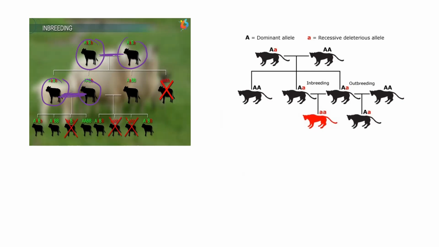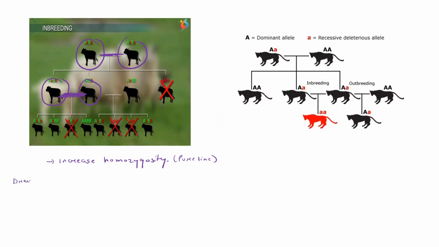Inbreeding increases homozygosity. Homozygosity means a pure line will develop. We will develop a breed with superior quality in homozygosity, but it also has drawbacks.